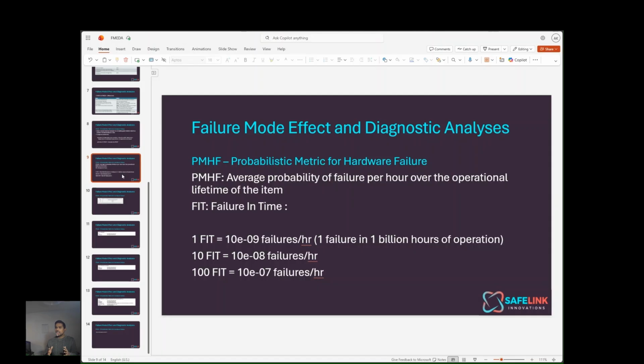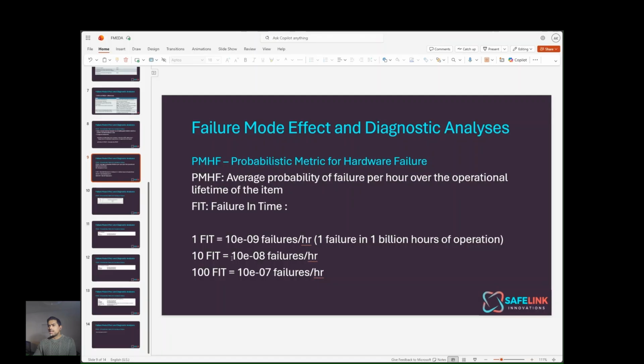And the PMHF is defined in terms of FIT, or failure in time. The unit is called FIT. One FIT is 10 to the power minus 9 failures per hour. What that means is that for every 1 hour of operation of a particular component, the probability of failure is 10 to the power minus 9, which can also be defined as one failure in a billion hours of operation of that component.